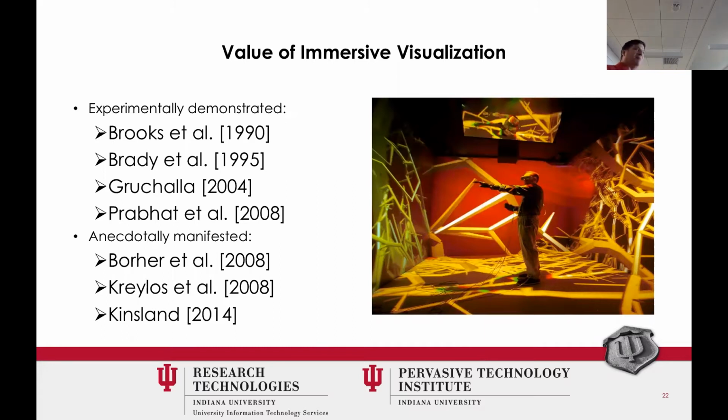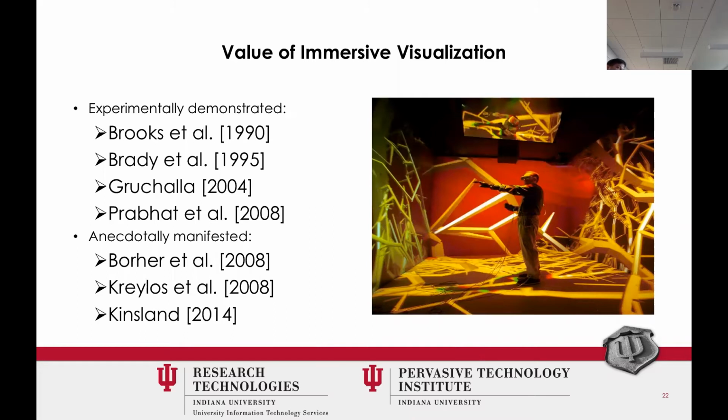Oliver Krylos has a paper on several different scientists who've found benefit using caves at UC Davis. And then Gary Kinsland has a similar story to the one from Duke. Again, he had his data in the cave because he had a relationship with the people who ran the cave at the University of Louisiana, Lafayette.